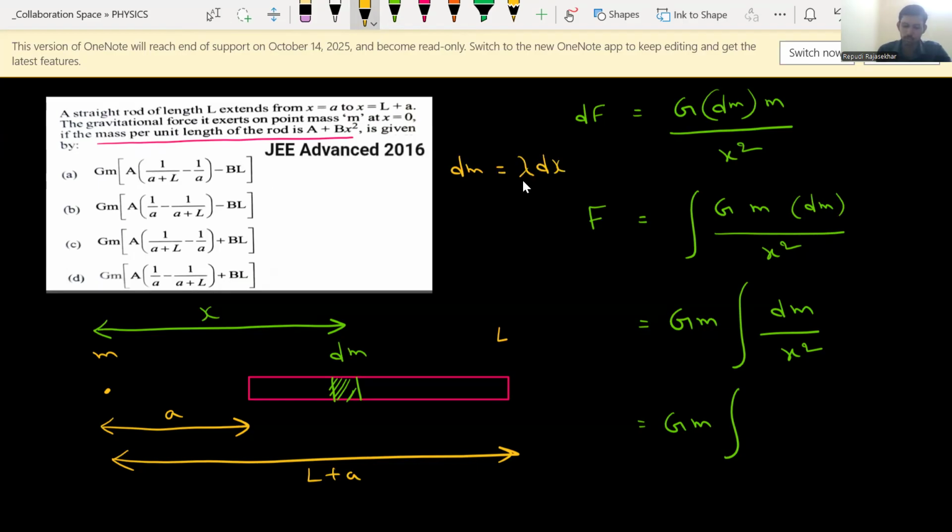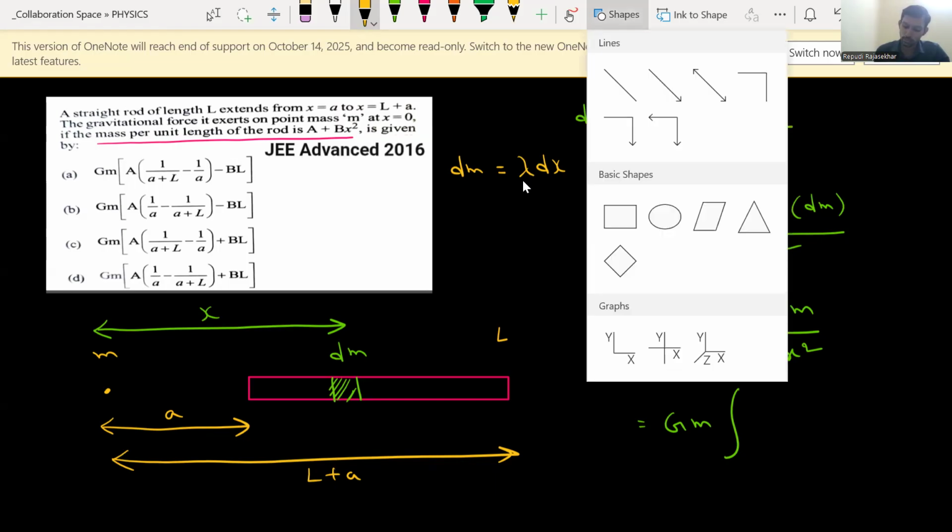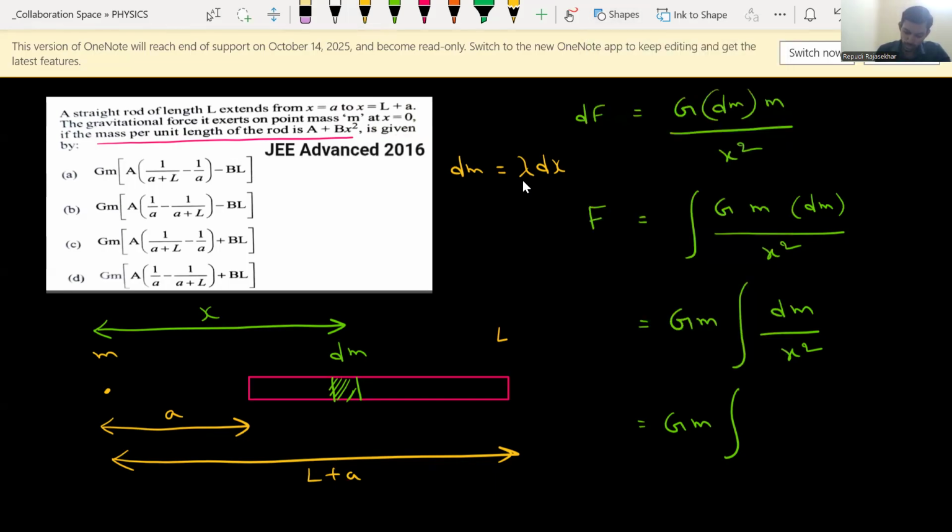Very important relation. If area distributed mass is mentioned, then dm equals sigma into dA. If mass is distributed along volume, then dm equals rho into dV. Clear? So this is the required relation, dm equals lambda into dx.